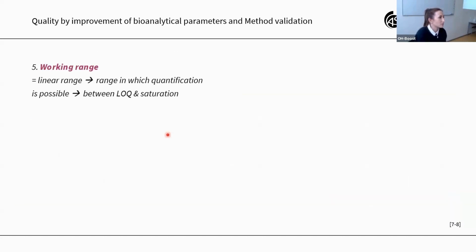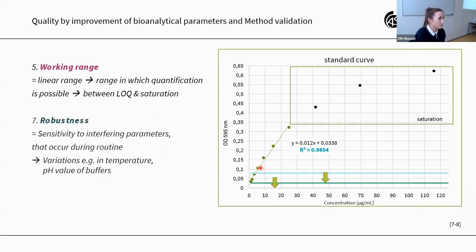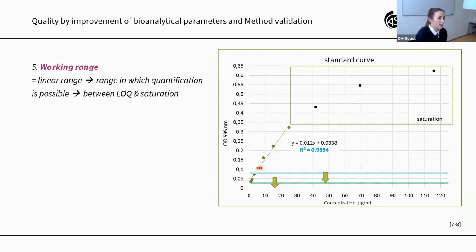Our next parameter is the working range, which is the area between the LOQ and the saturation. And as we can lower our LOQ and LOD, we can also expand our working range. That means we can detect and quantify more or fewer concentrations of our analyte than without automation.